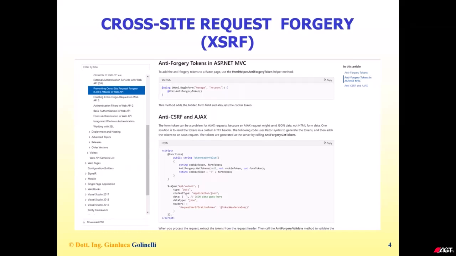In addition to the data fields, the forms will present a hidden field inherent to a token generated by the server that the client will have to send identical to the server. If the request does not present the token or does not match the one generated by the server, the request will not be processed and an error will be generated.